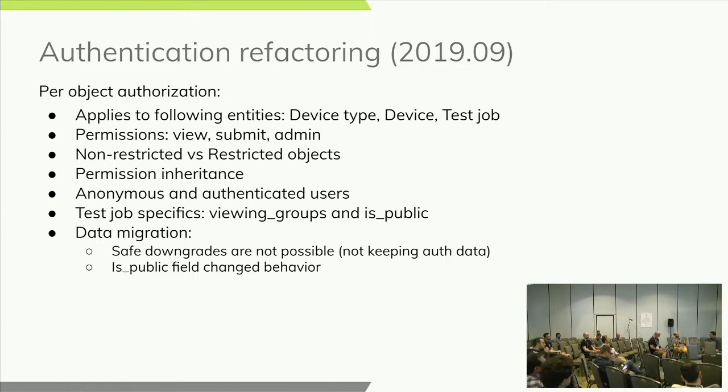It's a bit different for the different kinds of permissions. Authenticated users will, for example, have a view permission for any non-restricted object and a submit permission for any non-restricted object in the system, but not for the admin permission. Hope I'm not confusing.